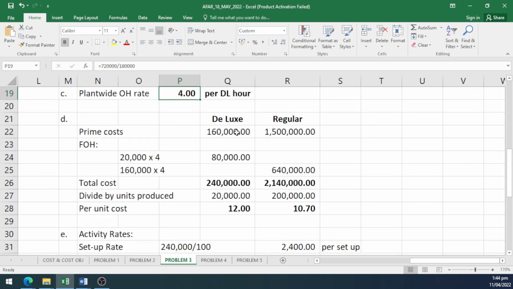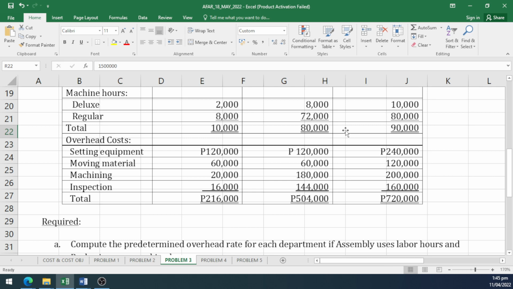Prime cost, 160 and 1,000,005. Allocated overhead. The total DLRs ng deluxe ay 20,000. O di 20,000 times 4. Ganun lang kasimple yun. Then, 160,000 times 4 naman kay regular. Ito yan eh.